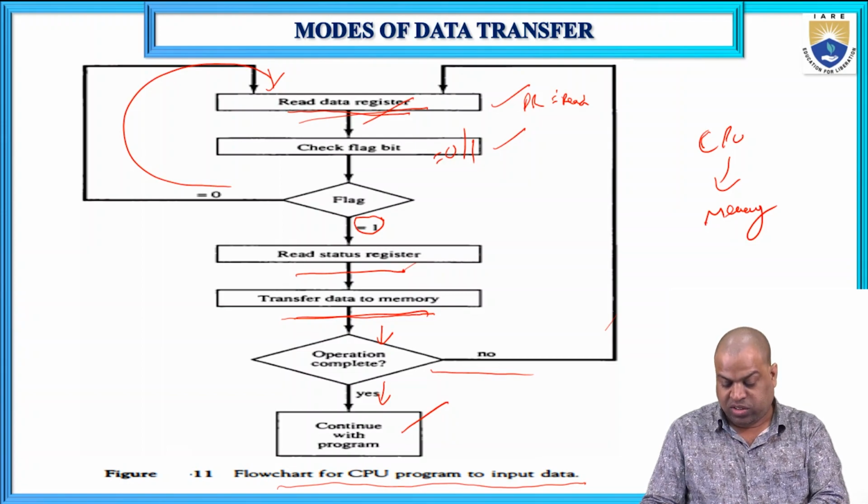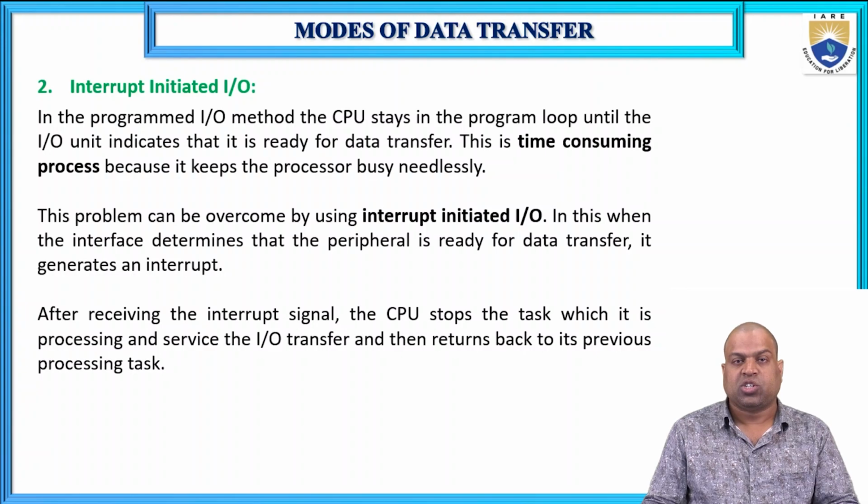It is a flowchart of the CPU program to input data. And next one is interrupt initiated input output. In the programmed input output method, the CPU stays in the program loop until the input output unit indicates that it is ready for data transfer. This is a time consuming process because it keeps the processor busy needlessly.